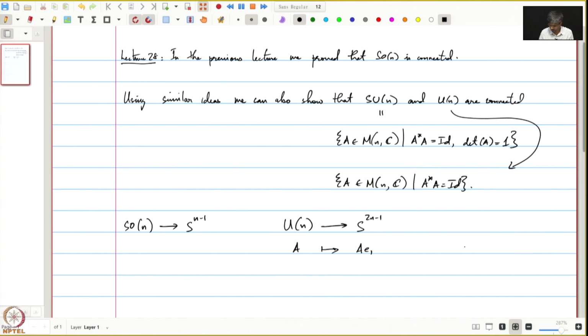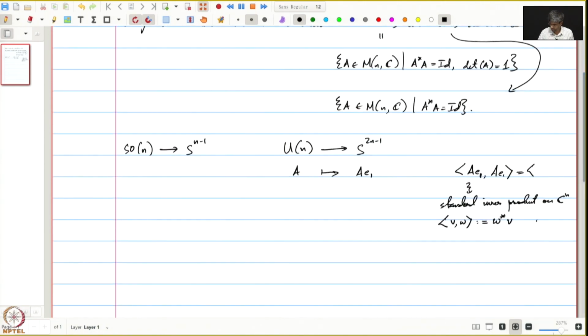Now the inner product of AE1 with AE1: in the case of U(n) we use the standard inner product on C^n, which is defined by V comma W equals W star V, and recall that W star is equal to W transpose conjugate.